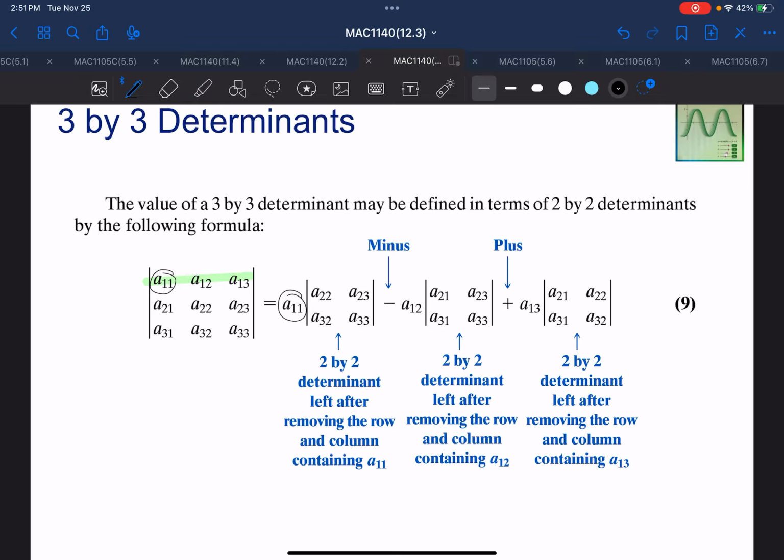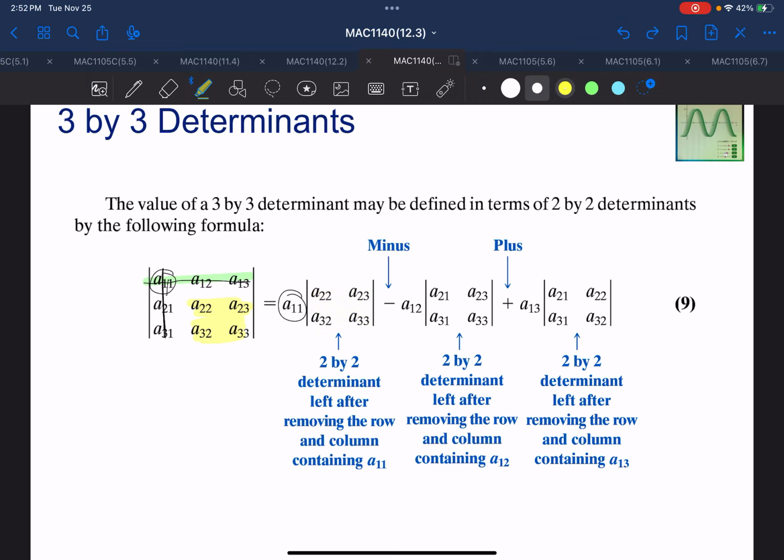It will be that entry, whatever number is there in the first entry, times the determinant, because notice these are up and down bars, it looks like absolute value, but it means the determinant of the matrix that's left after you cross out the row that first entry is on, and you cross out the first column it's on. So you see that leaves me with this matrix here. So that's the determinant of that matrix.